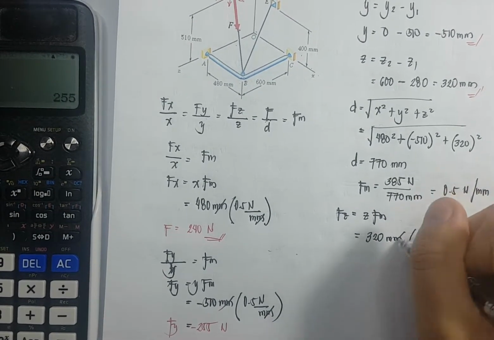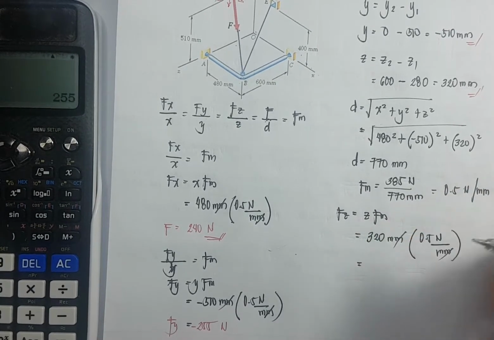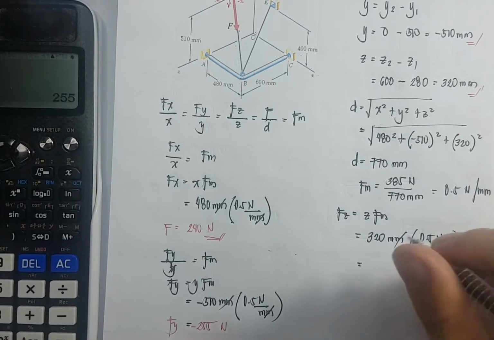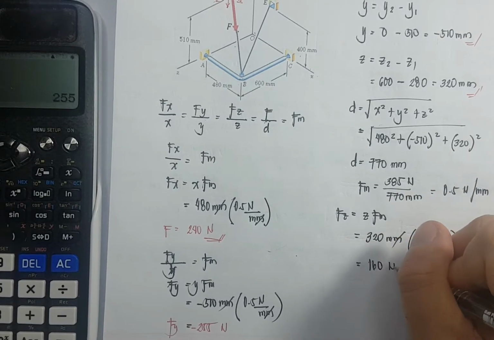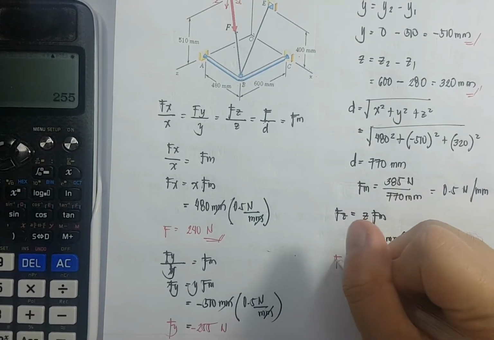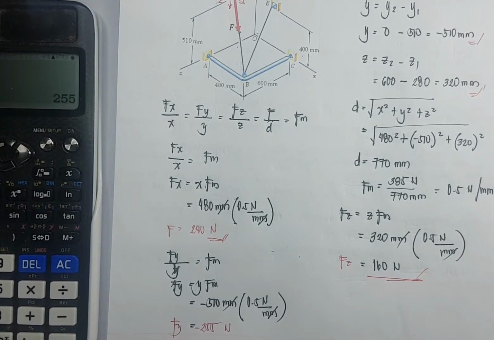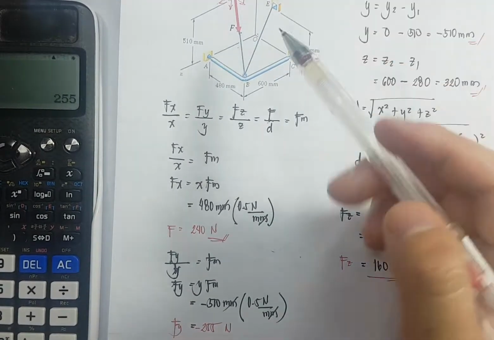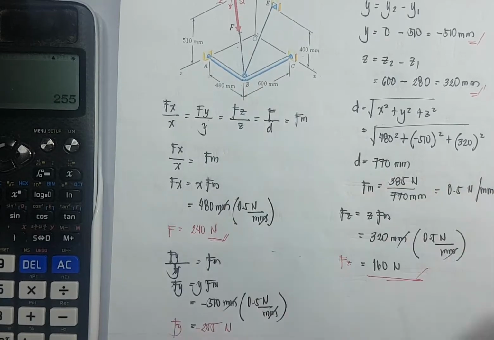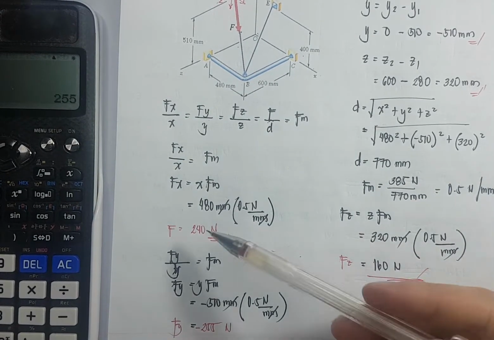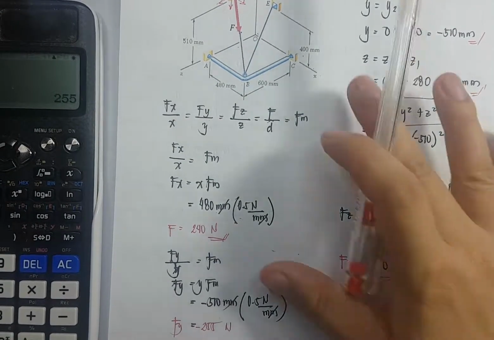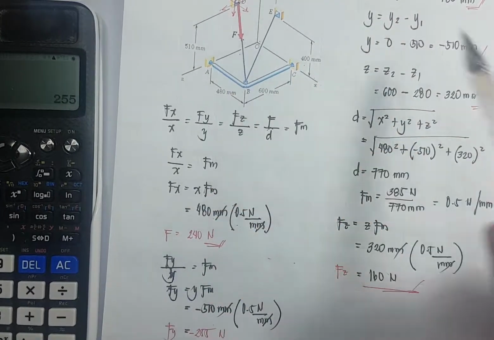The mm will simply cancel out, and this is equivalent to 160 newtons, and that is f of z. Is it positive? Yes, it is positive because it is pointing to this side. And these are the components of your 385 Newton force.